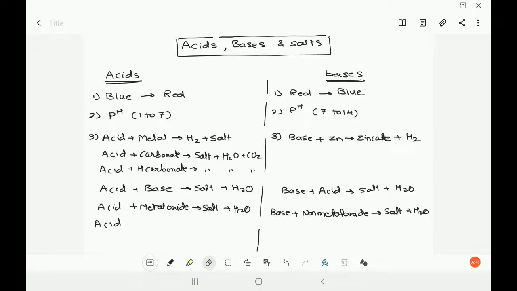Both are corrosive. It means they harm the body as well as metal objects and everything. So acids and bases in higher concentration are both equally dangerous.